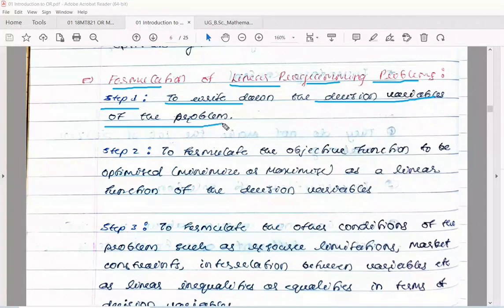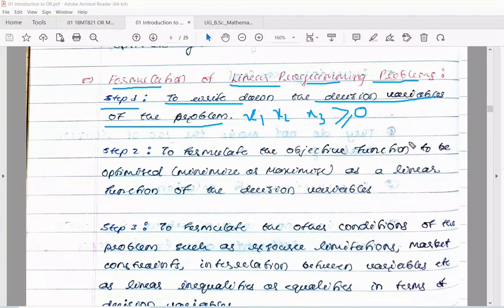Whatever problem or exercise they have given, read that example carefully. In that, take the decision variables as x1, x2 and x3. All these are non-negative numbers, meaning greater than or equal to 0.